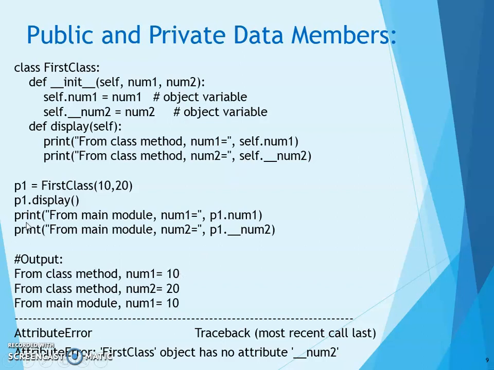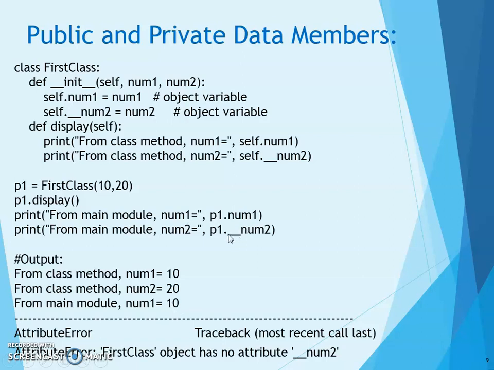Now after this line we want to print the value of p1.num1. p1 is the object and num1 is the value that we have passed as the first parameter. As num1 is our public data member, we will be able to display the answer as 10.